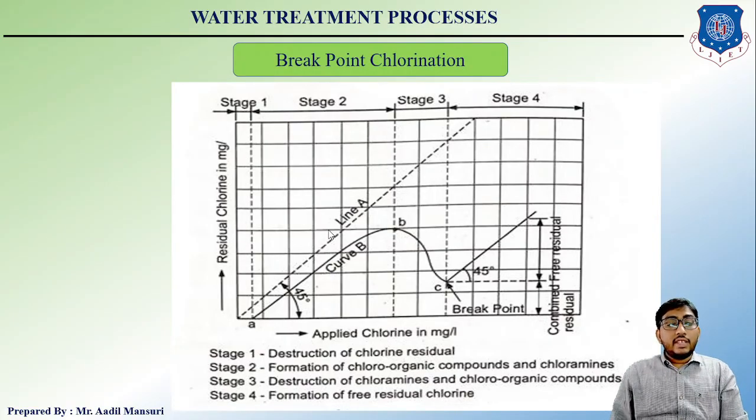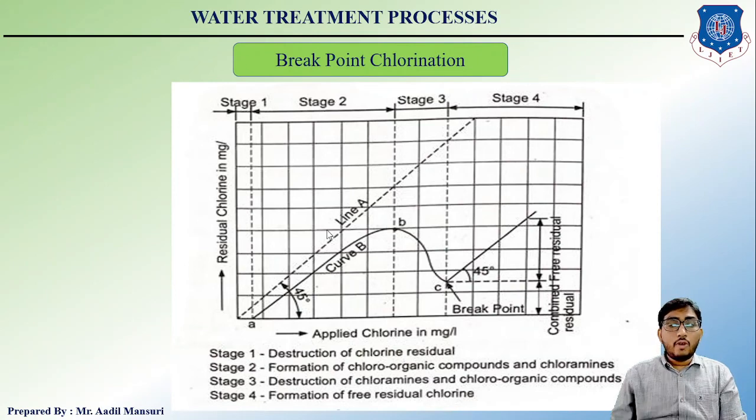After meeting this immediate demand, the added chlorine continues to react with ammonia to form chloramines between point A and point B. For mole ratios of chlorine to ammonia less than 1, monochloramine and dichloramine will be formed, and the distribution of these two forms is governed by their rates of formation, which is dependent on the pH and temperature.